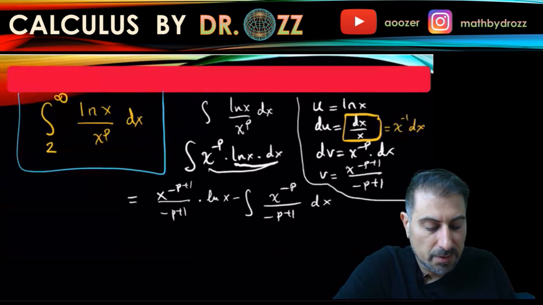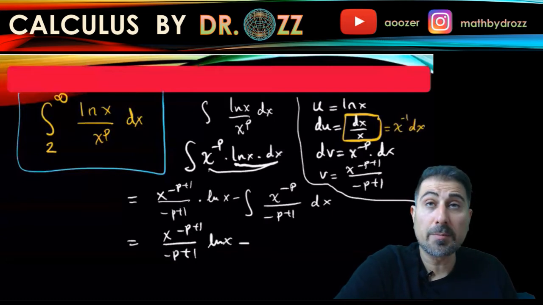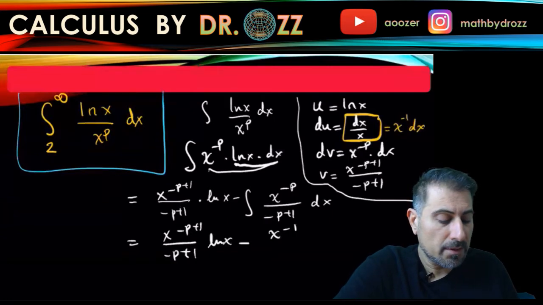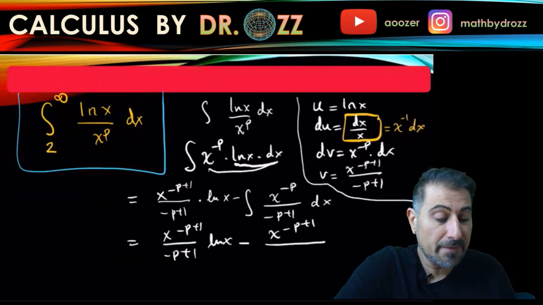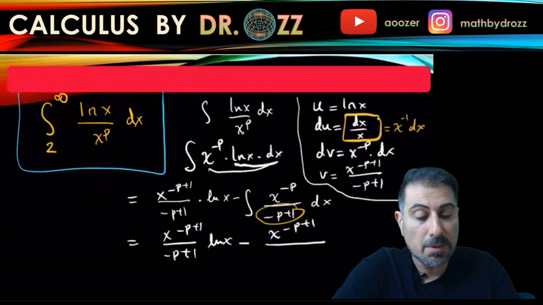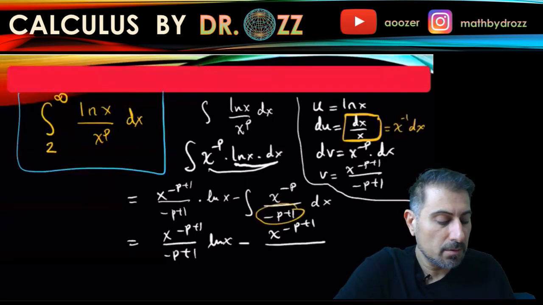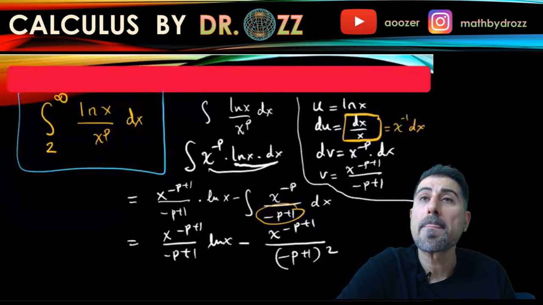So let's just continue, because I have one more integration to take care of. I'm going to use the power rule again. X to the minus p plus 1 divided by minus p plus 1, but I have another one of that here, right? So it's going to be minus p plus 1 squared. Now it looks pretty good.